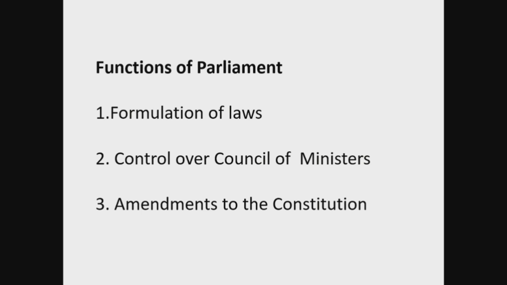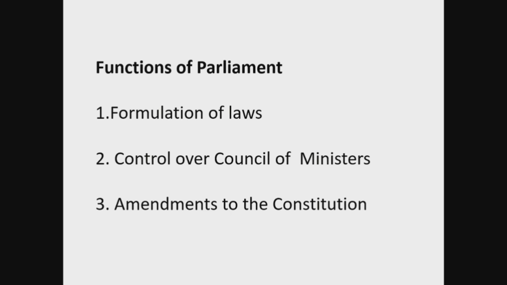Then some provisions require special majority, that is 2/3 of the members of the Parliament should give the majority. And the third way is that a few other provisions are amended by special majority of the Parliament plus consent from more than half of the constituent states. In this way, amendments are made by the Parliament.